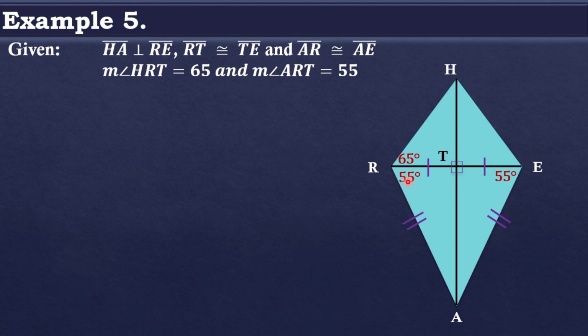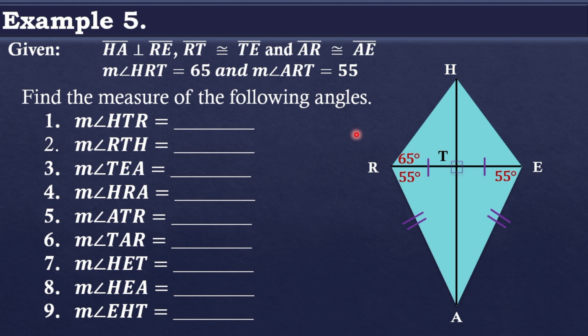Yun po yung tinatawag nating isosceles triangle. So, if two sides of the triangle, so this is a triangle, right? So, if two sides of the triangle are congruent ito, yung opposite angles nila are also congruent. Kaya, this is also 55. Okay? So, dito pa lang sa given, analyze natin, ilagay mo na lahat ng pwede mong ilagay. Okay? Now, let us answer.